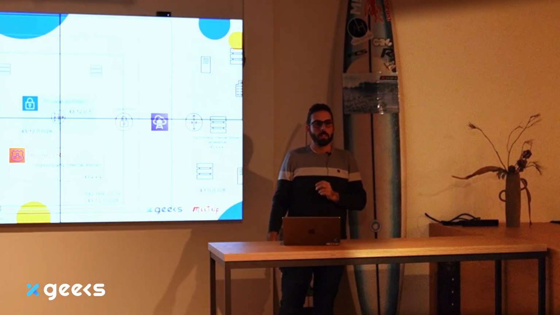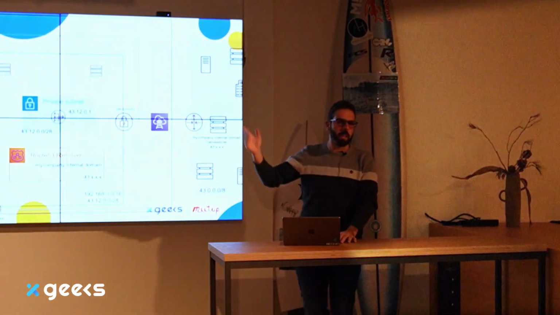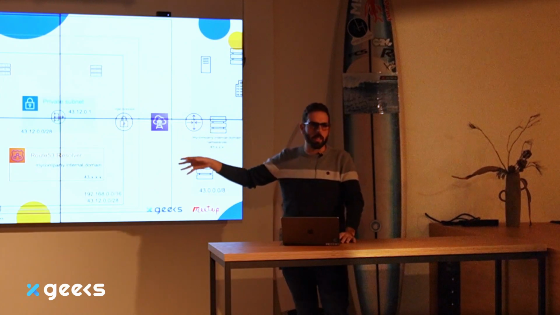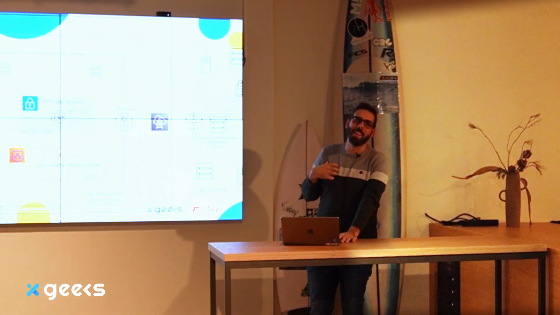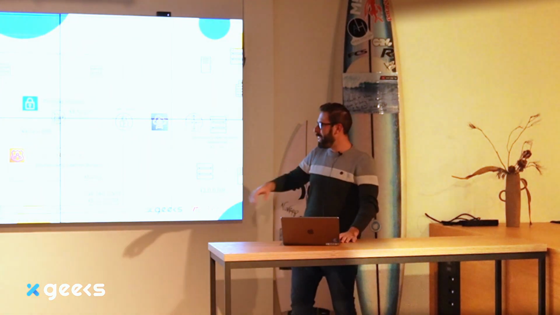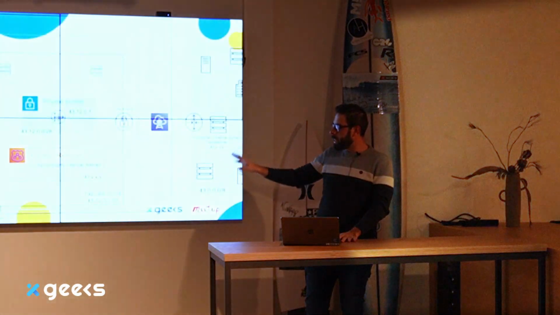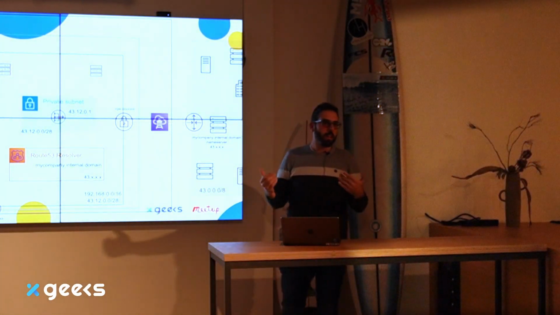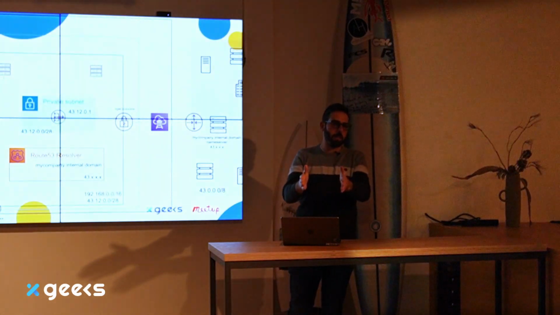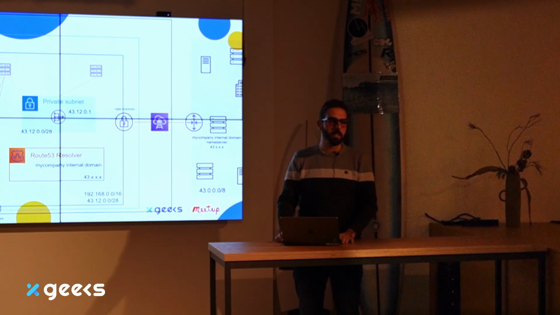They don't know which application is doing the request, but they know that everything coming from this small network is coming from this specific project, because we gave them this network address.